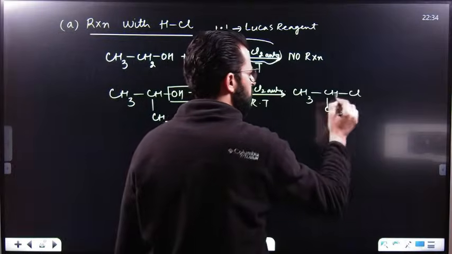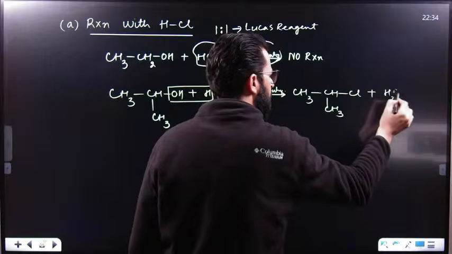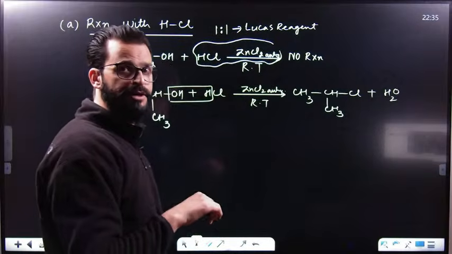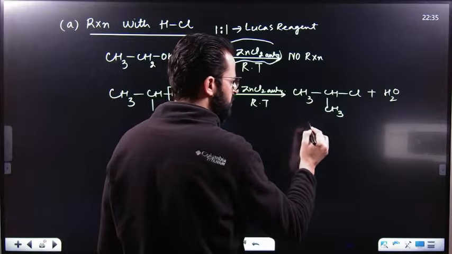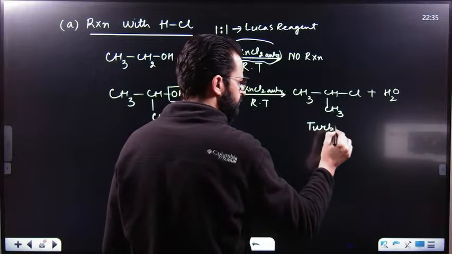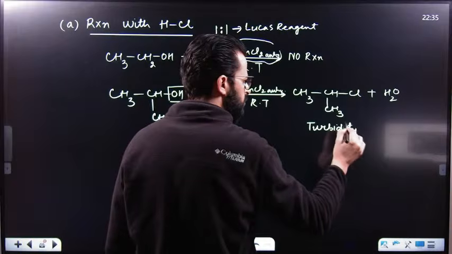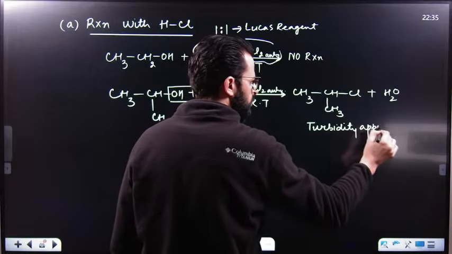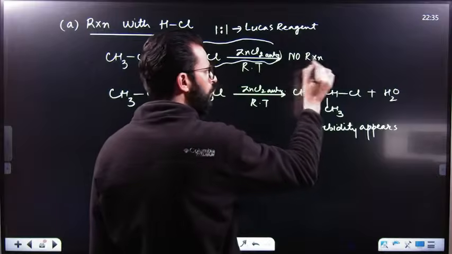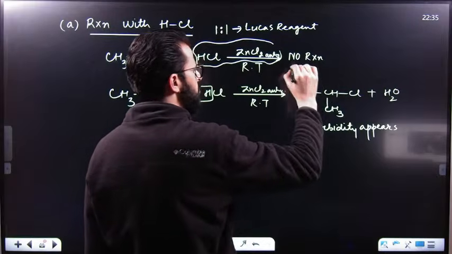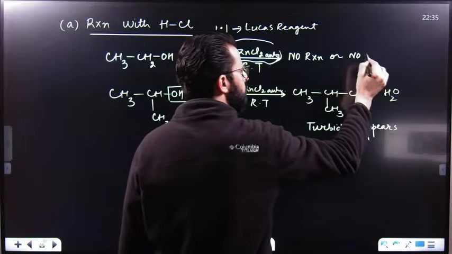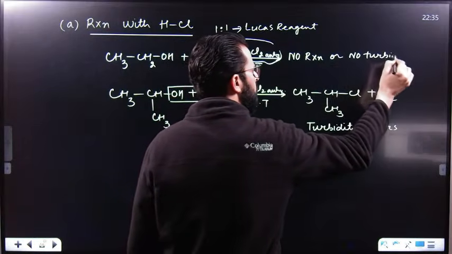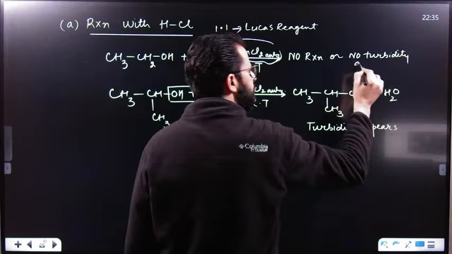That means it results in the formation of alkyl chloride. But when alkyl chloride is formed, there will be a cloudiness known as turbidity. So I can simply say turbidity appears. As in the primary case, no reaction has taken place, no alkyl chloride is formed. So we can simply say no turbidity appears.